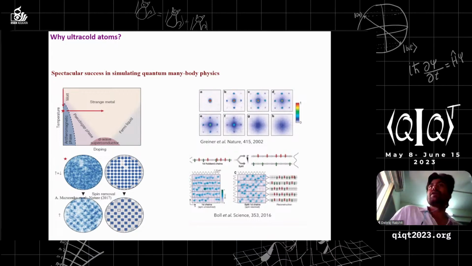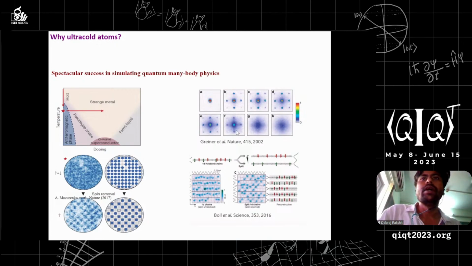These are condensed matter phenomena, but condensed matter physicists have not been able to observe them because often solid materials cannot go to such low temperatures, or there is randomness, disorder, things like that. But here you can create clean systems and everything can be studied. Many things have been studied.